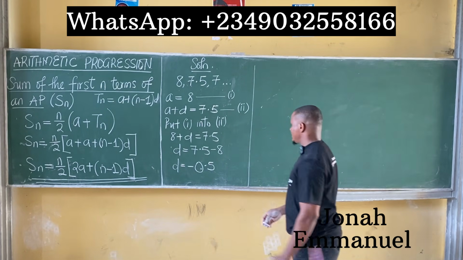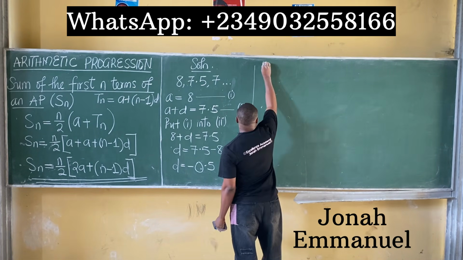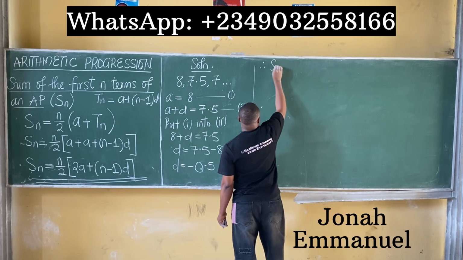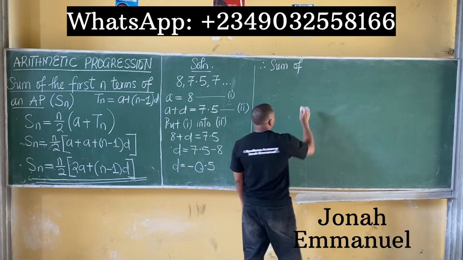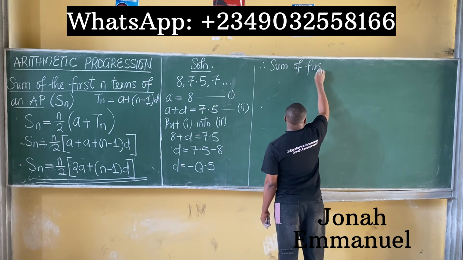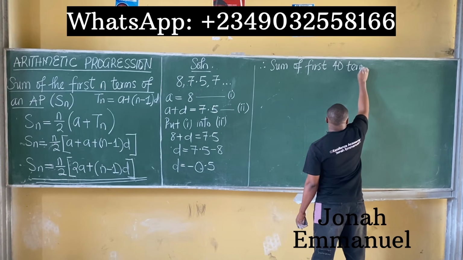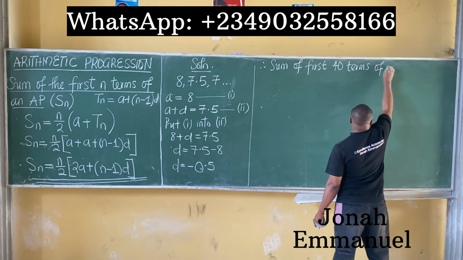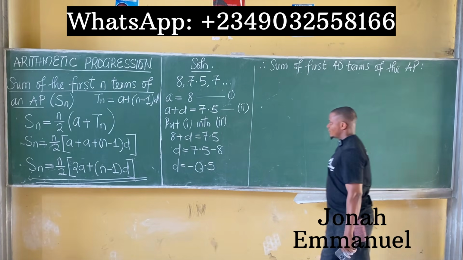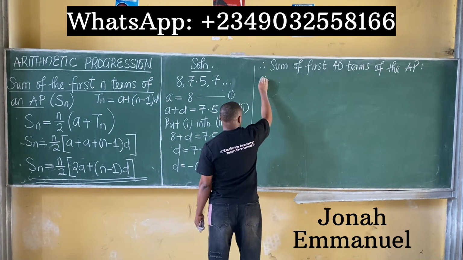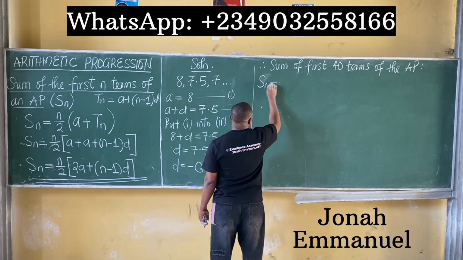Now with that noted, let's get Sn. So therefore, the sum of the first 40 terms of the AP, all we have is Sn, so we call it S. The formula, let's repeat the formula.